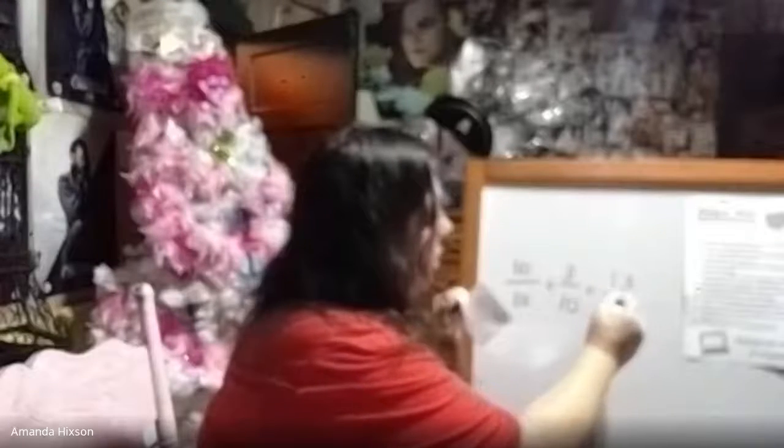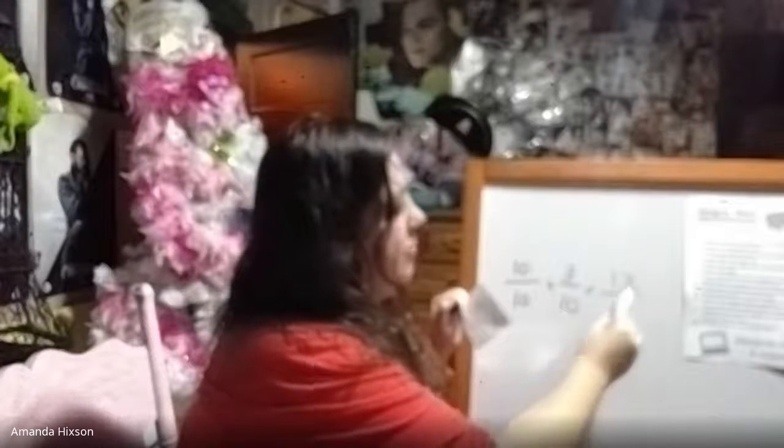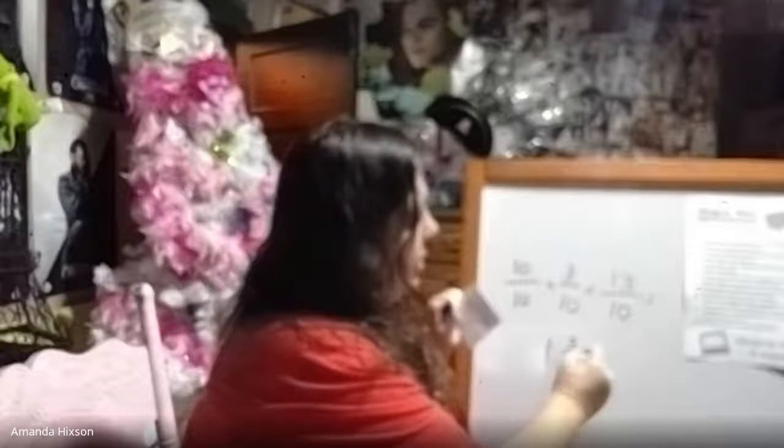You add the top, 13 numerator, and then the denominator just stays the same. So you have 13 tenths, and that's an improper fraction because the big number is on top. And so we convert it to a mixed number, and we say 10 will go into 13 one time with a 3 remaining, and then you leave that denominator the same, 1 and 3/10.